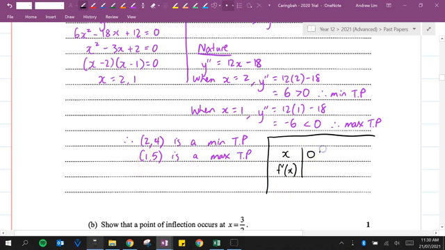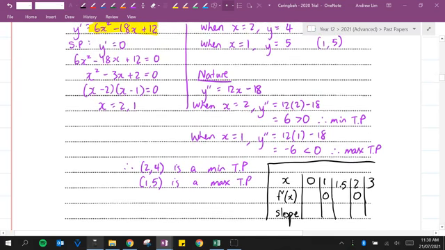So I'll just say 0, 1, 1.5, 2, and 3. And then we can determine its slope and just graph it. We know f dash of x for 1 and 2 are both 0. What do we get when we sub 0, 1.5, and 3 into f dash of x?